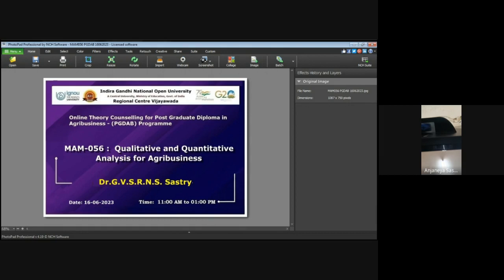One is probability samples, the other non-probability samples. Probability samples include simple random samples, systematic samples, and stratified random samples. Stratified random sampling means that in an organization there are different departments, and if you select 10% from each department, that is what we call stratified random sampling.